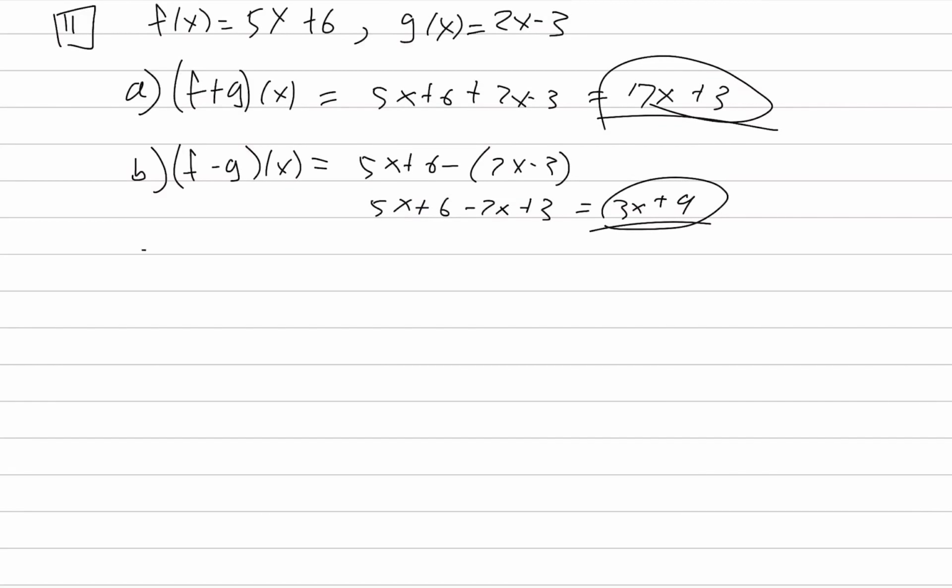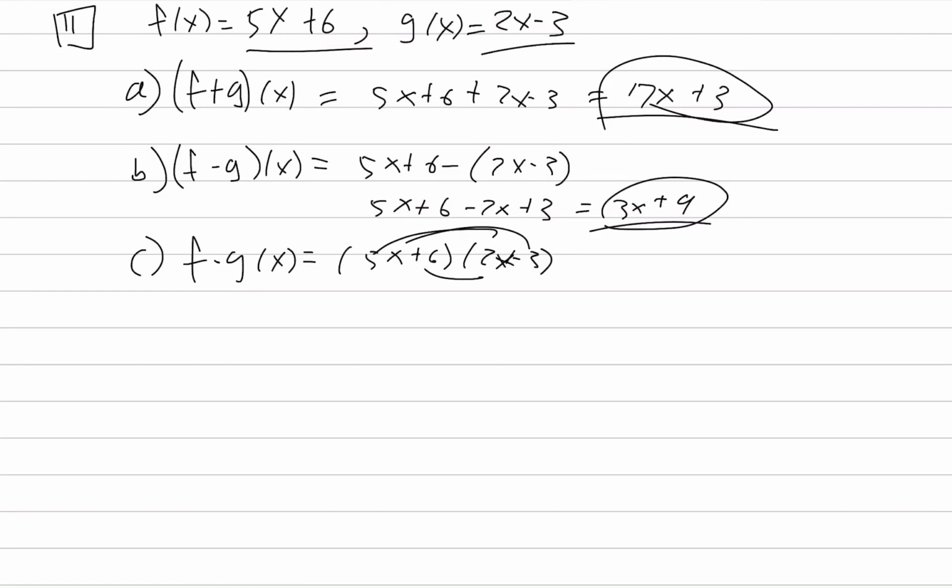And part C is multiplying. Just multiply these two, right? Regular multiplication, where we do this. Then I get 10x squared minus 15x plus 18x minus 18.